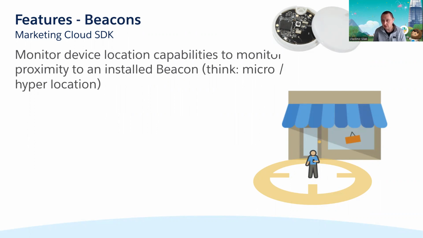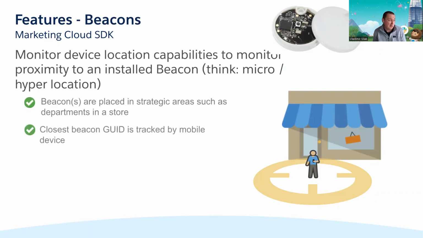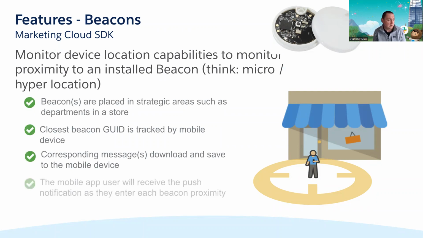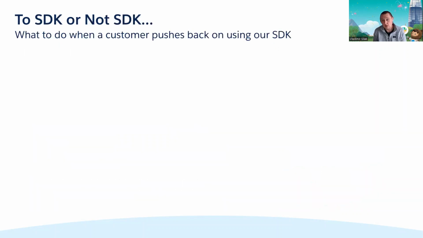As soon as your mobile phone or application interacts with that device, we can trigger some action. So it's micro locations. They are placed in department stores. We're tracking which particular beacon triggers the message, and then it downloads the message and sends it to the customer. That's again one of the interesting features.